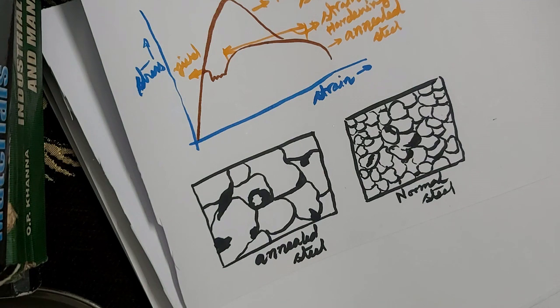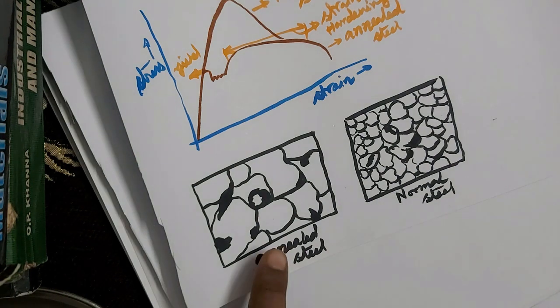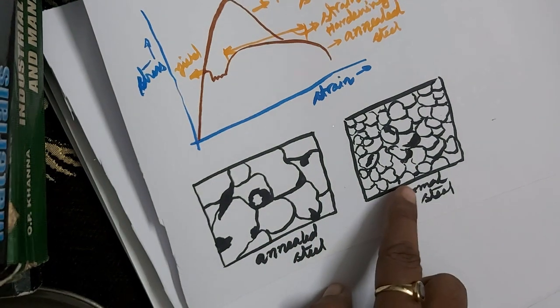So I have already discussed fine grain and coarse grain and the effect of fine grain and coarse grain on the properties of material. So these are coarse grains and these are fine grains.